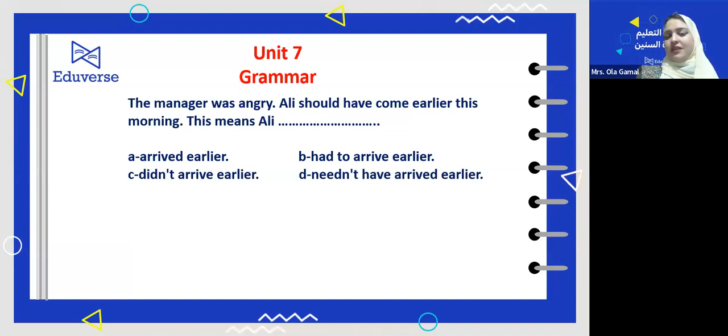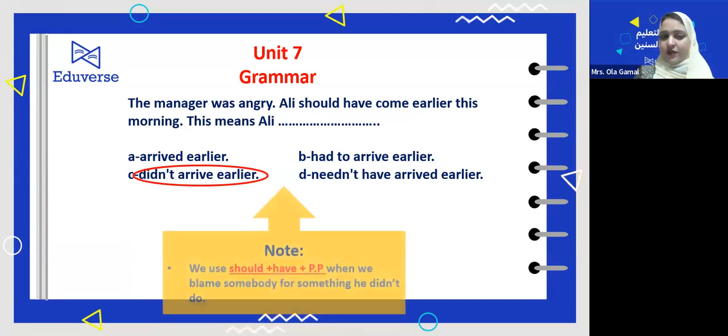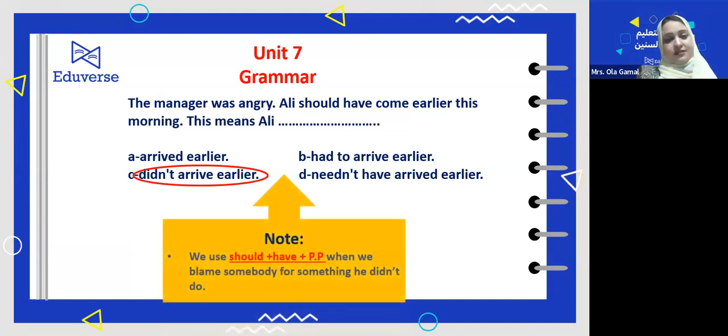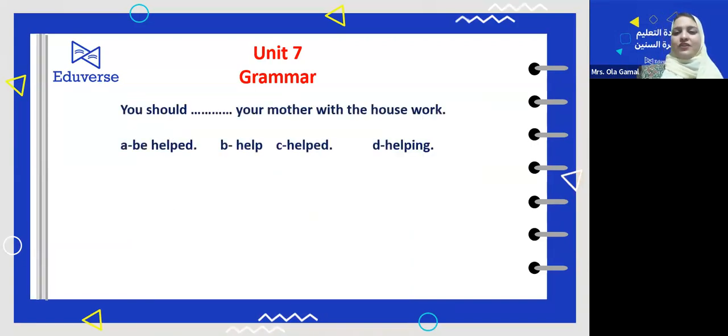So here it's going to be, yes, very good, didn't arrive earlier. As we said, we use should have plus past participle when we blame somebody for something he didn't do. So here the manager was angry and Ali should have come earlier. Here it's blaming Ali for not coming earlier. So that's why we said didn't arrive earlier. Okay, you got it? Let's move to the other question.